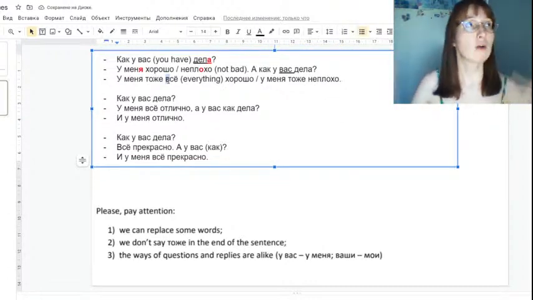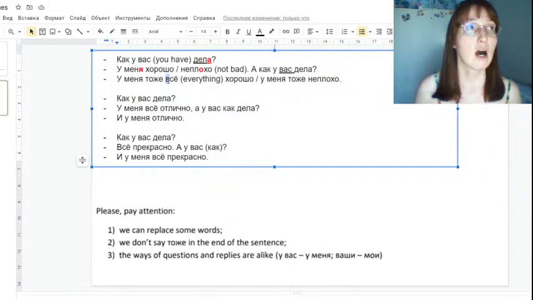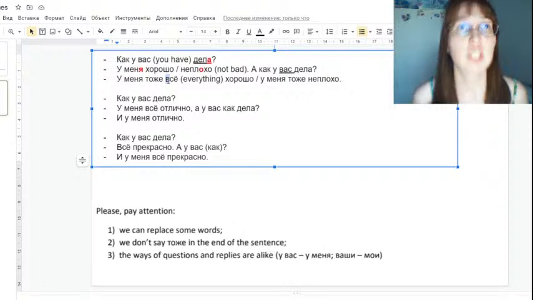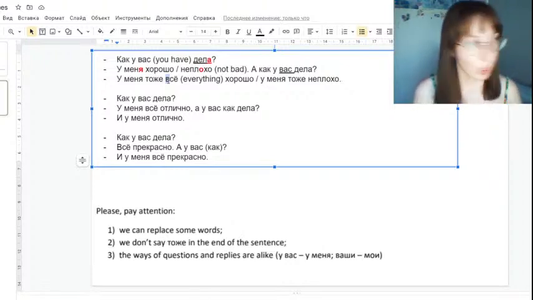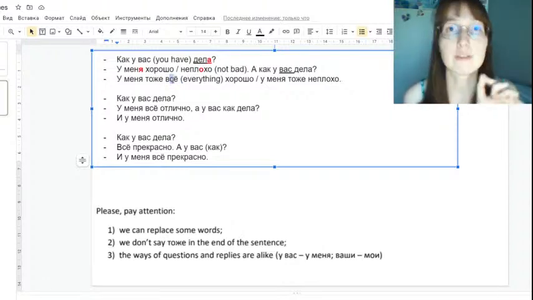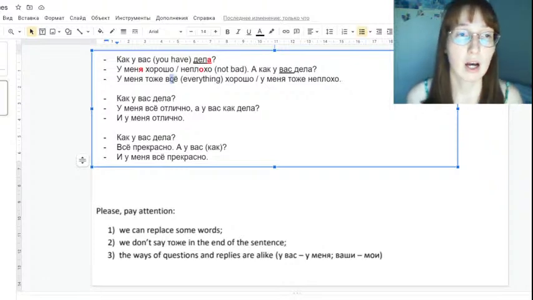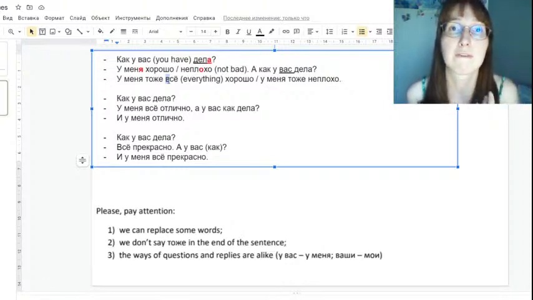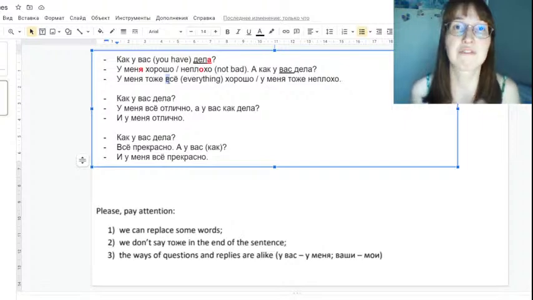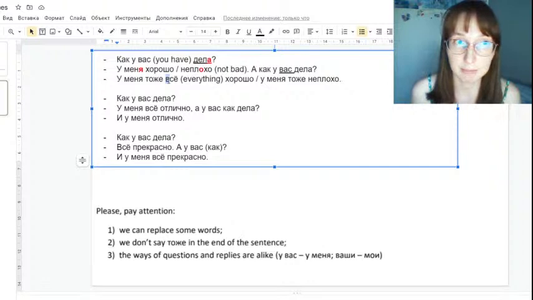Guys, the most common mistake. You all try to pronounce this word like всё. No. Look, since this consonant is voiceless, this consonant becomes voiceless too, and we pronounce it like всё, okay?